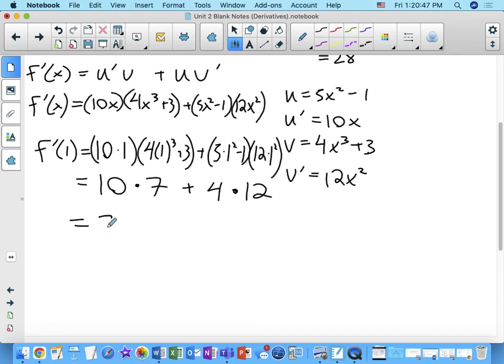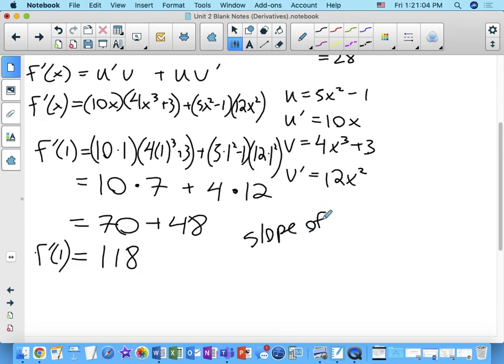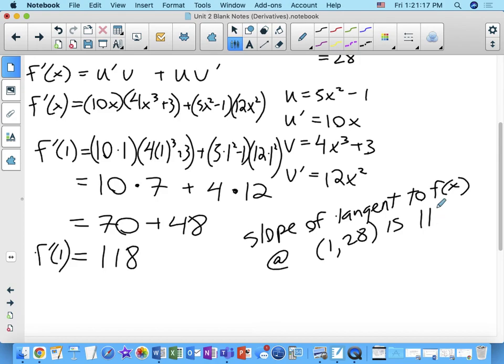So that's 70 plus 48, which is 118. So the slope of the tangent to f of x at (1, 28) is 118.